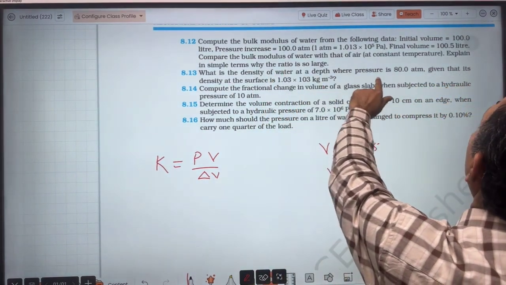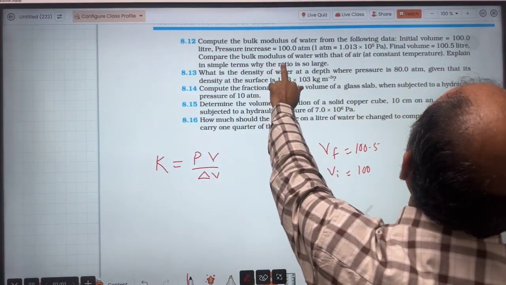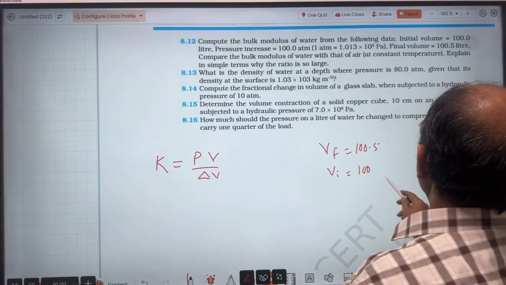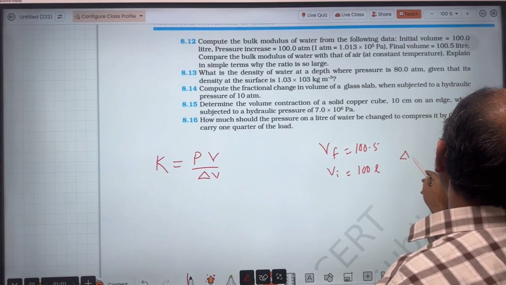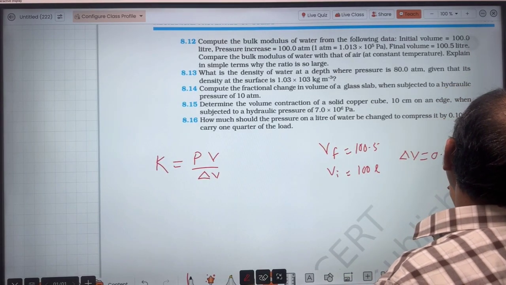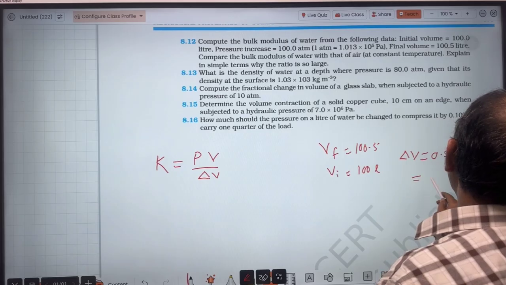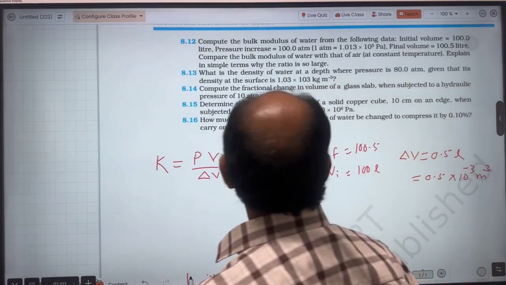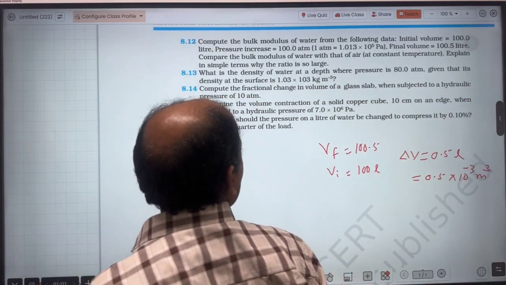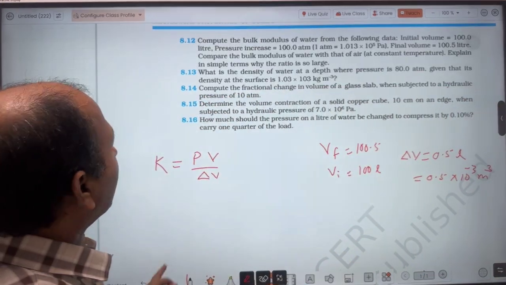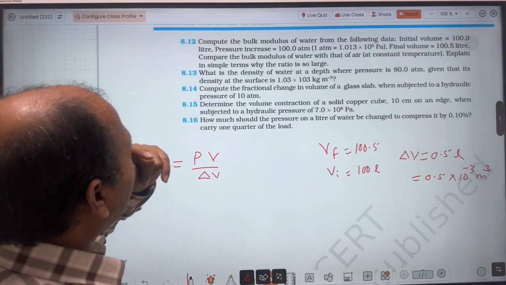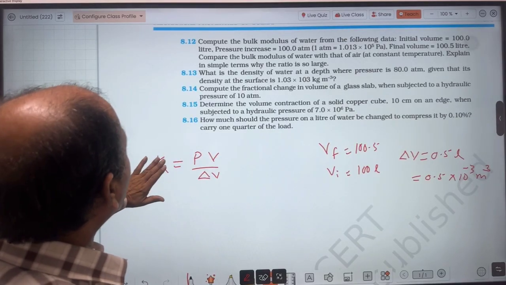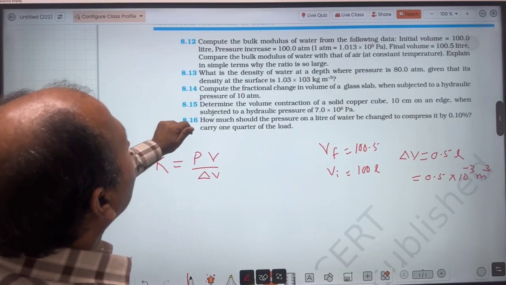Both are in liter. So the change in volume delta V will be 0.5 liter or 0.5 into 10 to the power minus 3 meter cube. So we have the information of delta V, and the initial volume we also have, so there is no problem.